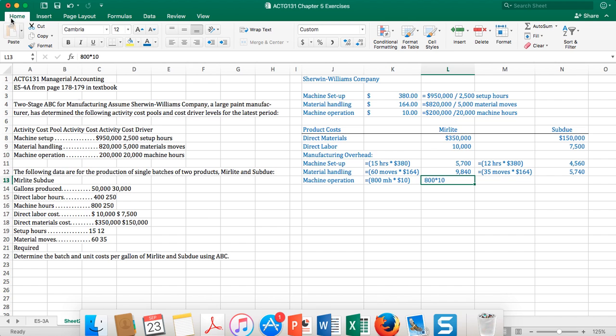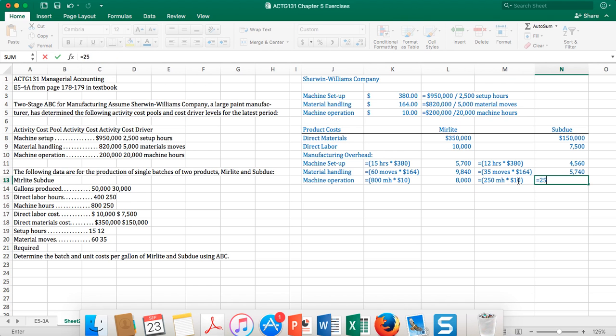Whoops, I forgot my equal sign. Excel doesn't like that. And here we have the 250 machine hours, times $10. So for Subdue, that will work out to be $2,500.